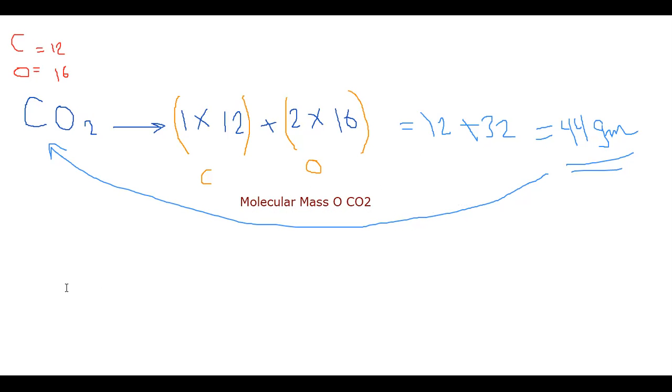What about the molecular mass of NaNO3? Take into consideration that sodium Na equals 23, N equals 14, and O equals 16.